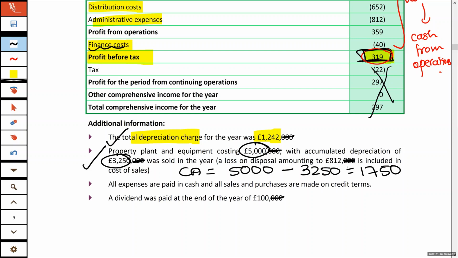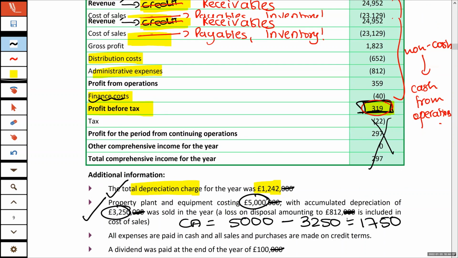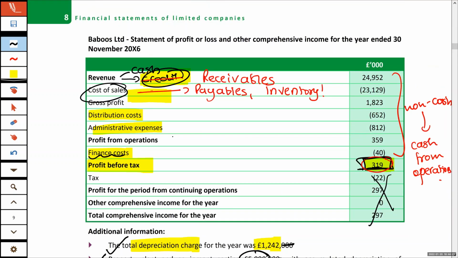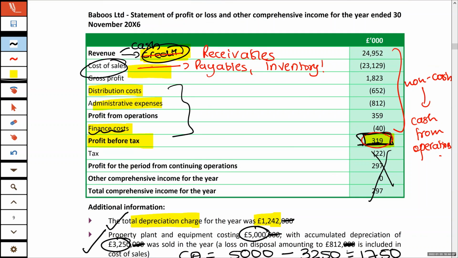Next one, it's telling me all expenses that you notice in your accounts are paid in cash and all sales and purchases are made on credit terms. So, okay, I've taken care of credit purchases and credit sales by doing my payables and receivables. It's telling me all other expenses that you notice are all cash. Oh, wait a minute. I just removed finance cost. That was expense, I thought, but they're saying it is all cash.